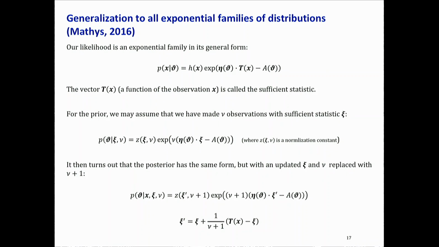For every new observation x, you calculate the sufficient statistics. You take this function T. And then you just track its mean, because that's all this means. You're tracking the mean of the sufficient statistic. That's all you need to do.